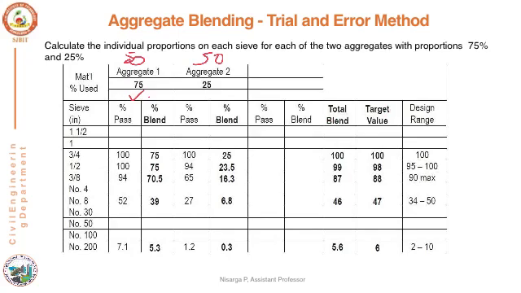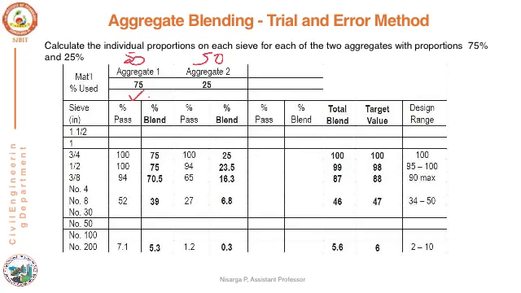Then compare the total blend, or combined gradation obtained, with the target value. Now you can check that all the values are close, the total blend you have calculated is close to the target value. So we can conclude that by mixing aggregate A at 75% and aggregate B at 25%, we are able to get the target values.